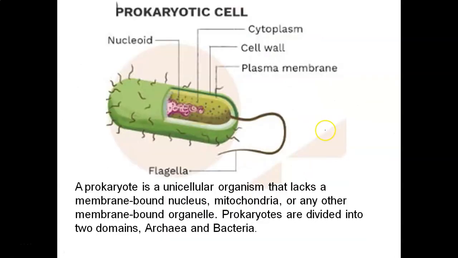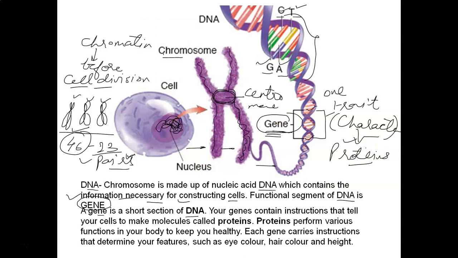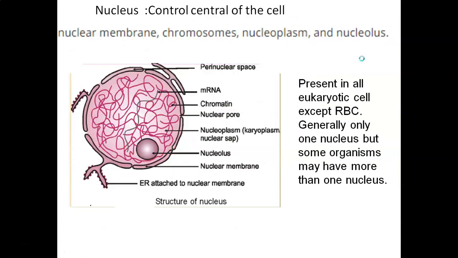Now we come to the nuclear membrane. Then the nucleus contains DNA and RNA. One more thing we will discuss here is the nucleoplasm which is present in the cell.